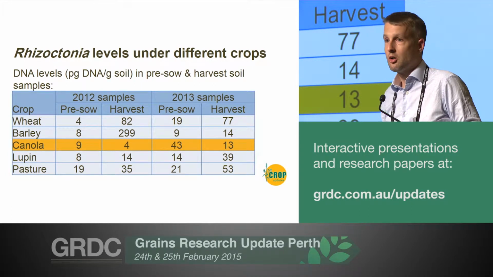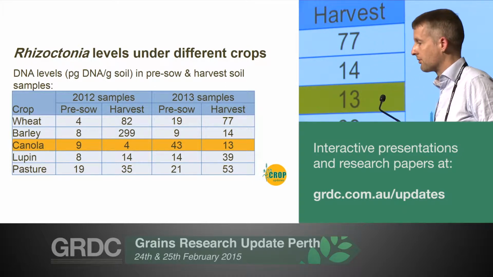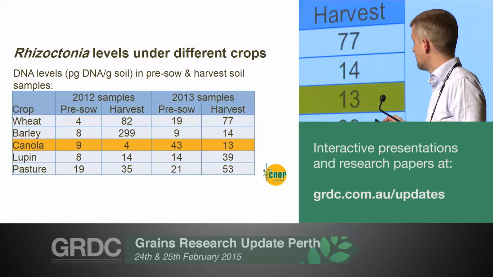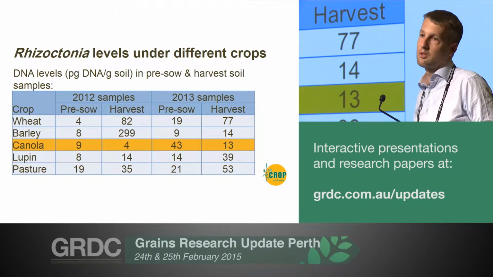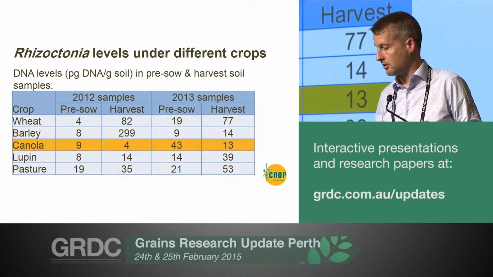And that crop was canola. And here what I'm showing you is the 2012 and 2013, and comparing beginning and end of season for the 2 years. And you can see canola in this instance is the only one that's dropping the inoculum levels.